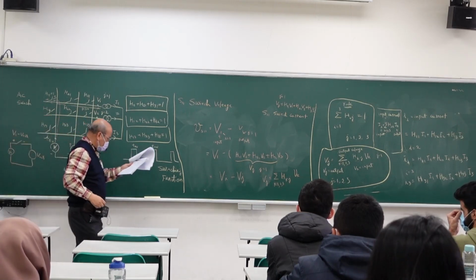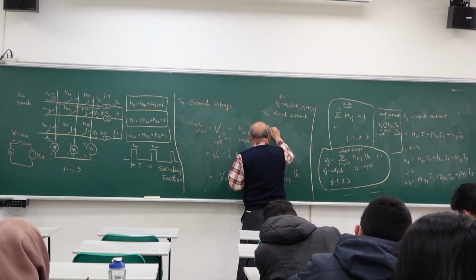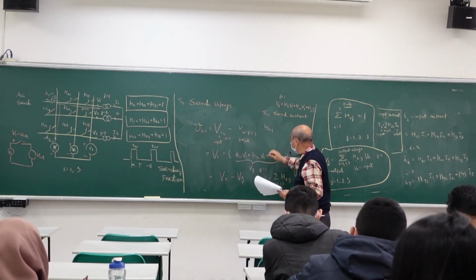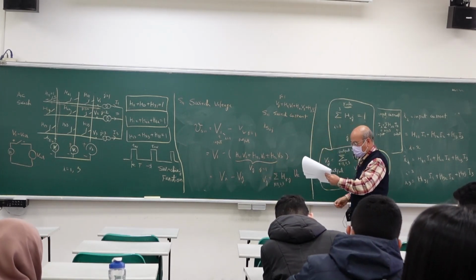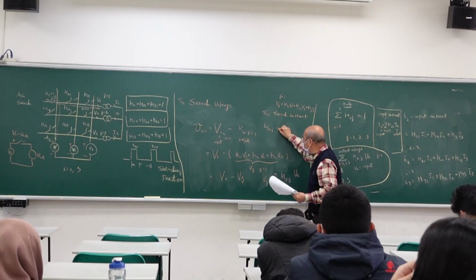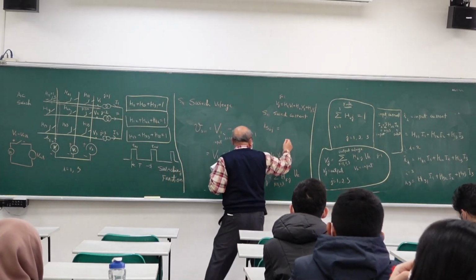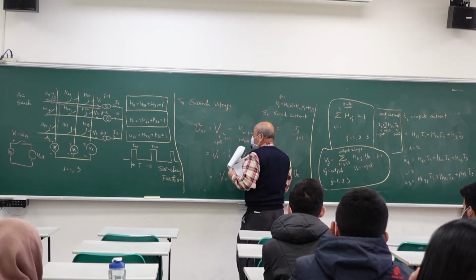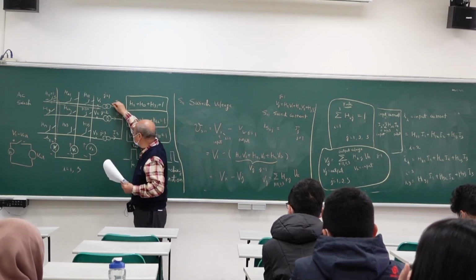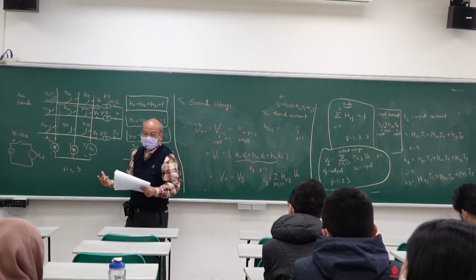We can say this is I S11, I Sij. So it is the current through the switch. How much current depends on this current, which we call Ij, J equal to 1. So this is Ij. Could be 10 ampere.